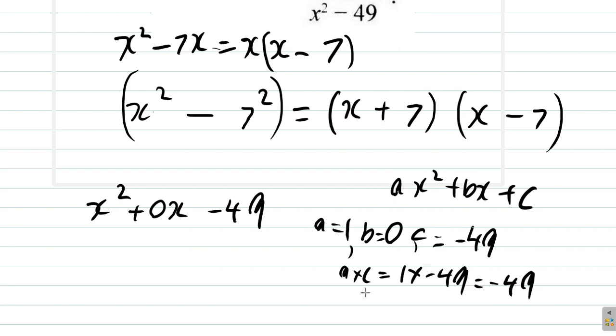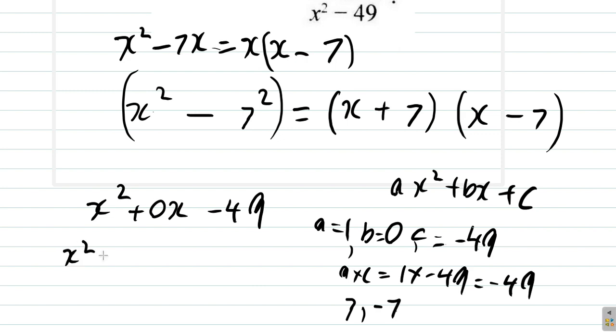And you think of two numbers that add to give you b and they also multiply to give you negative 49. 7 and negative 7. 7 times negative 7 gives you negative 49. 7 plus negative 7 is 0. So they add to give you b. They add to give you 0.